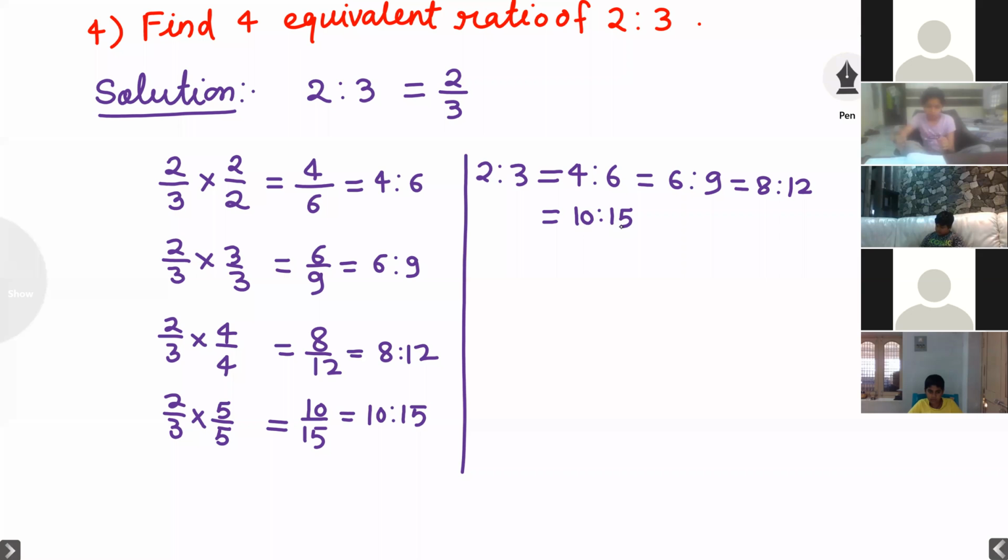I hope you got how to calculate equivalent ratios.